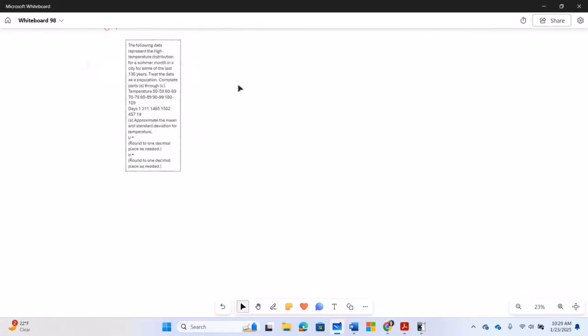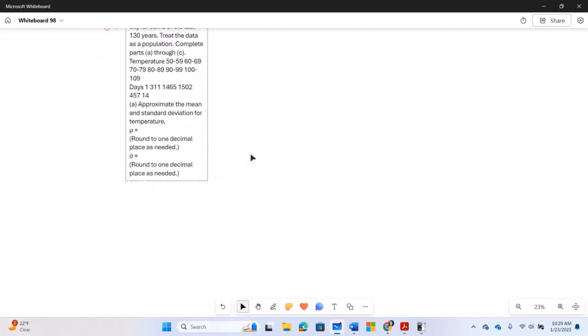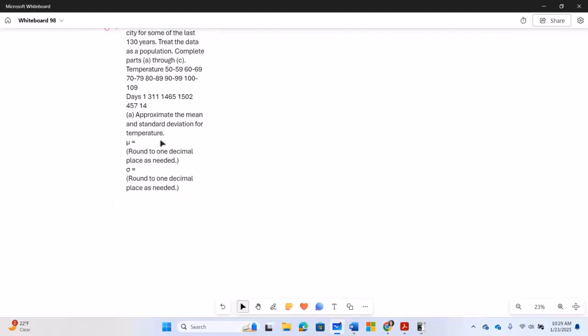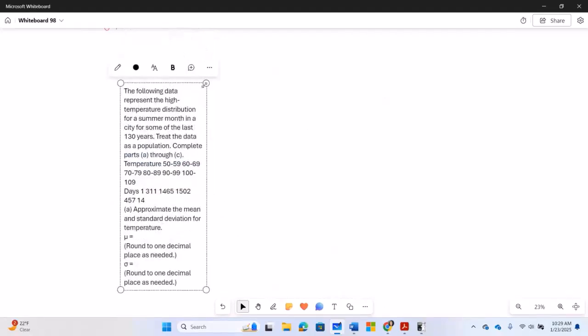So I am going to get a text box, and try Ctrl+V. Well, it copied. Let me see how it looks. Let me move it down a little bit and try to spread it out.